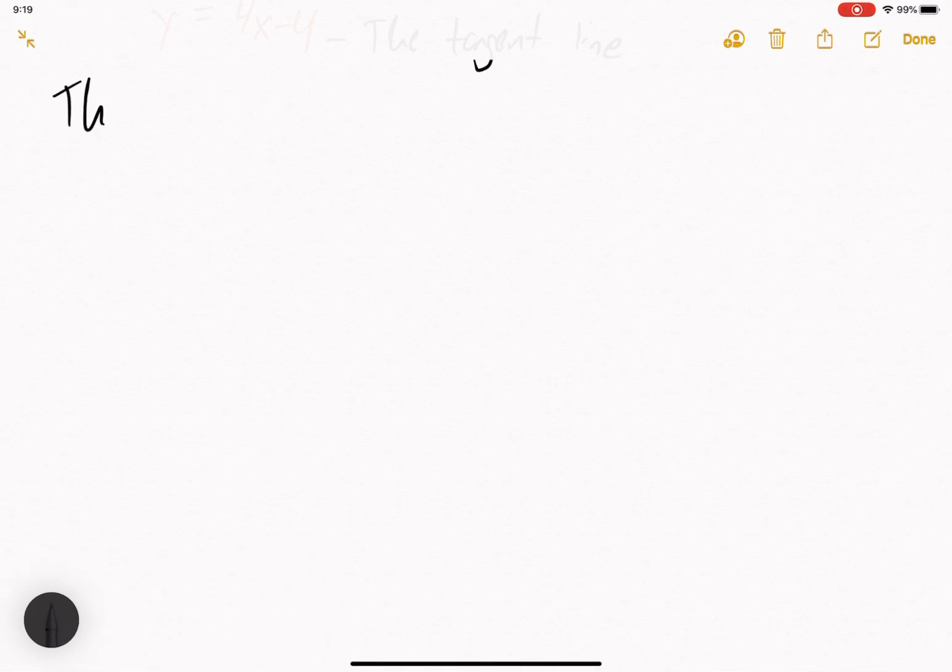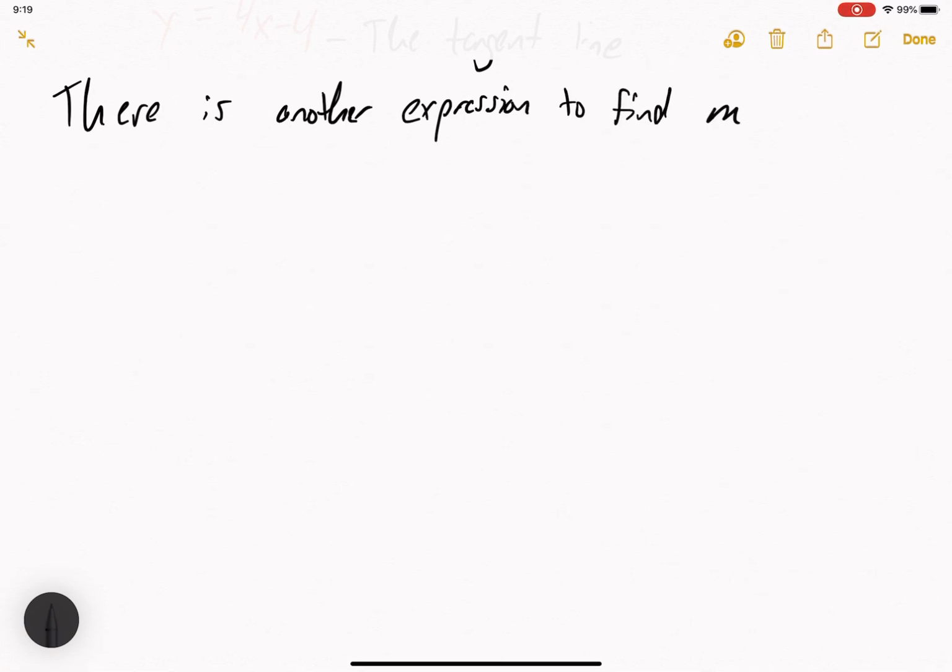So there's another way we can do this. Another expression to find the slope. I'll just put it in quotations because it refers to the slope of the tangent line.